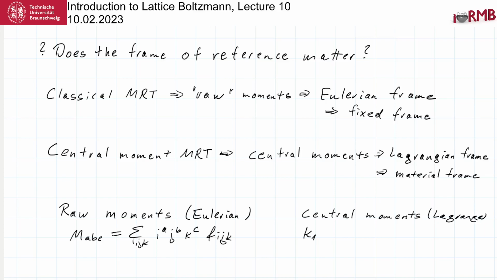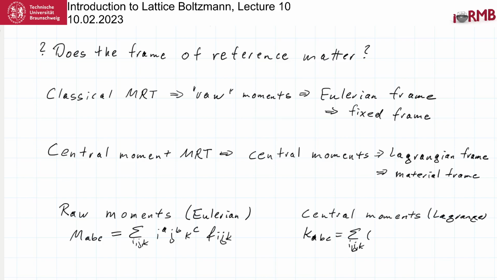First of all, we need a different letter, and we just call them K for whatever reason. K_abc is now the sum over i, j, and k. So now the thing is the following. i, j, and k are the indices of the velocity, but in a fixed frame.